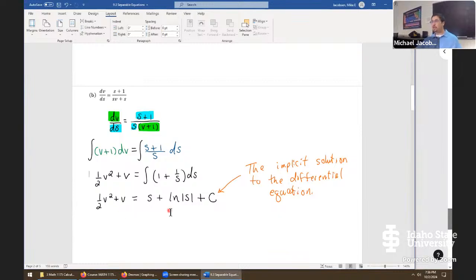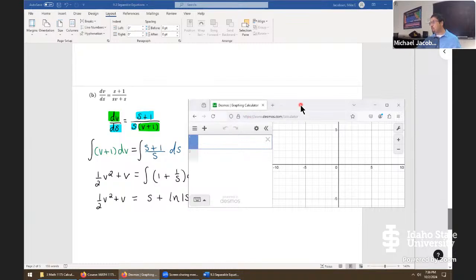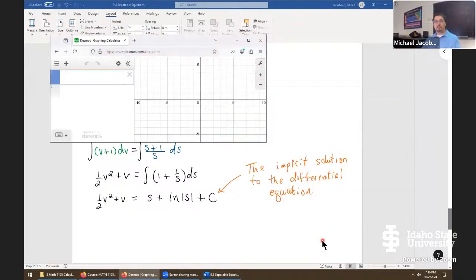Kind of unsatisfactory in a way, but you can still give some visualizations to this solution. Desmos doesn't have any trouble with it, so let's plot it and see what we have. 1/2 v squared plus v equals s plus natural log absolute value of s. No, that's not working. Let me see if I can try different variables and make it work.